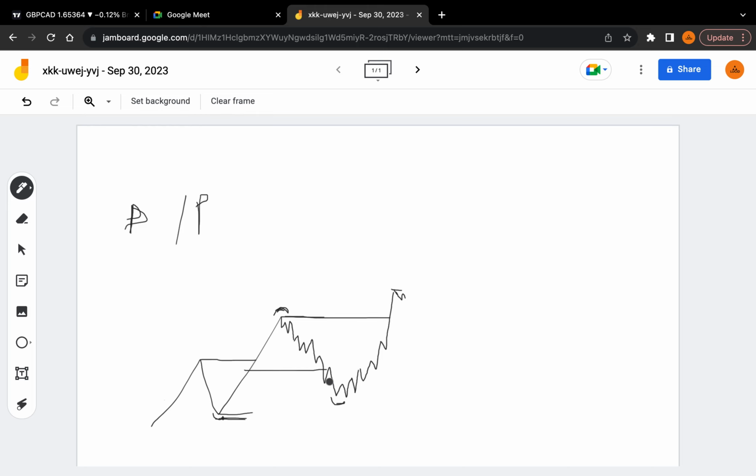But going into the advanced stuff that we talk about, for a low to be protected, price has to take out liquidity. And for price to even generate liquidity at all, it needs to confuse us.